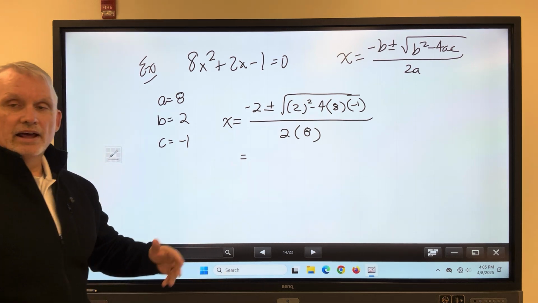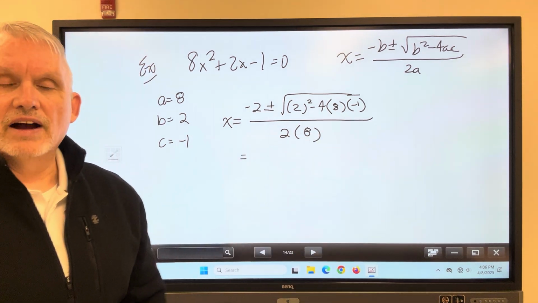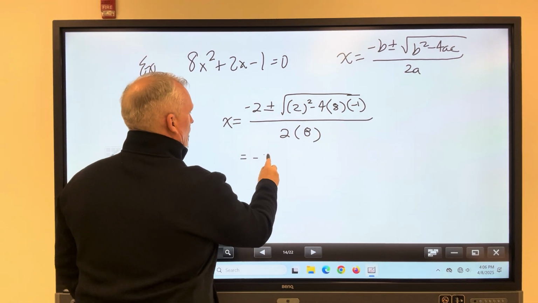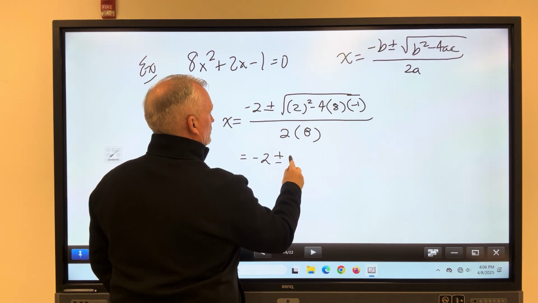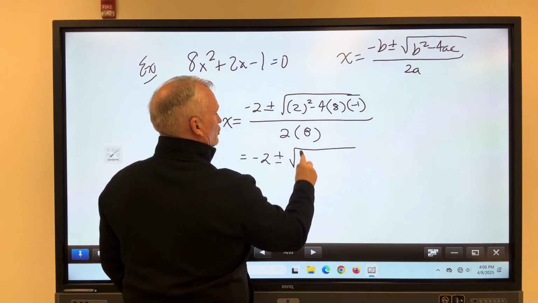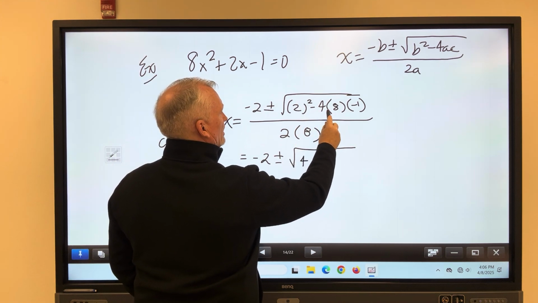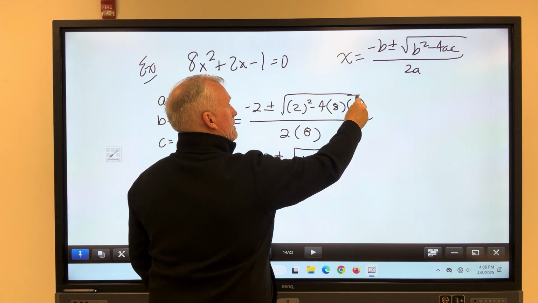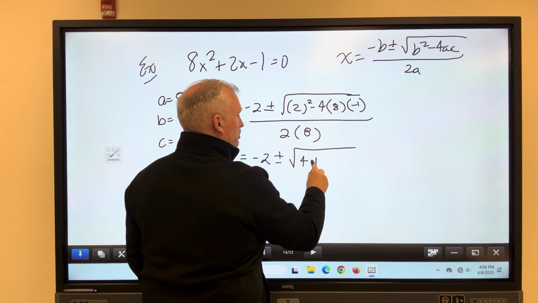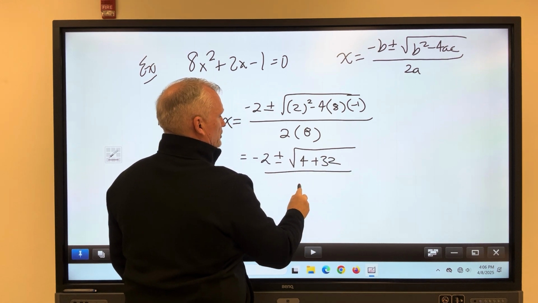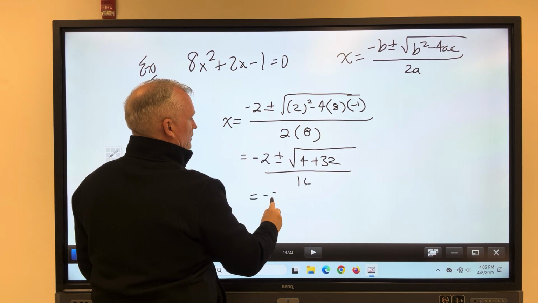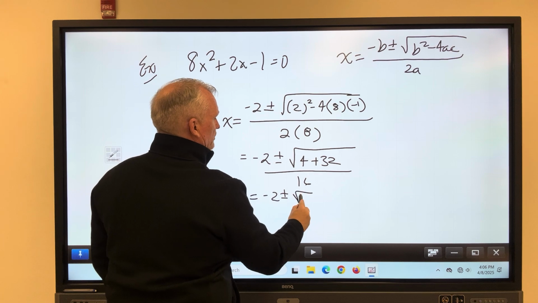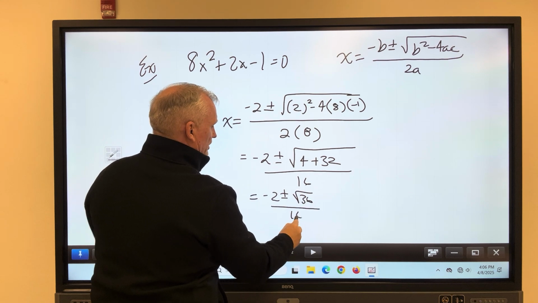Well, now it's just a matter of working some stuff out. Order of operations: -2 plus or minus 2 squared, which is 4, minus 4 times 8, which is 32, times -1, which is plus 32, all over 16. -2 plus or minus the square root of 36, all over 16.